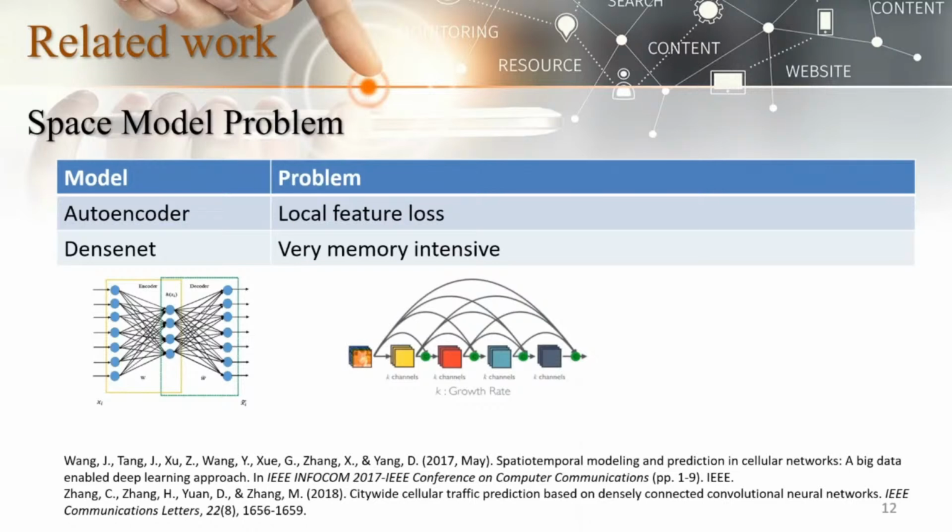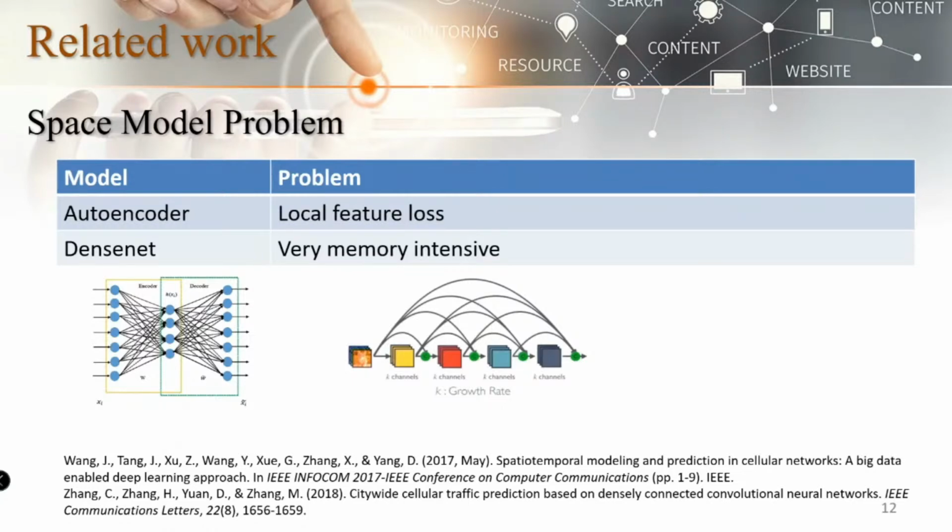Although recurrent neural network architecture can effectively capture temporal features, it cannot solve the problem of spatial dependencies of cellular traffic data. Therefore, researchers have proposed different models to solve the spatial temporal dependence problems, which can be simply divided into single models and hybrid models.